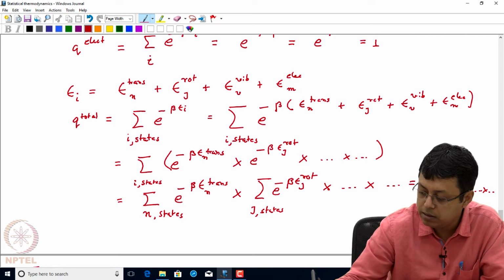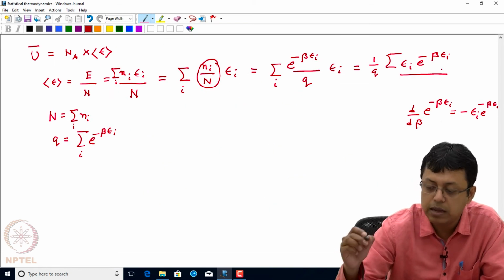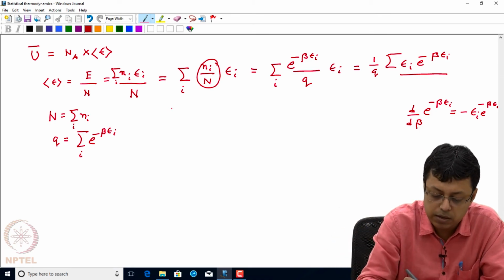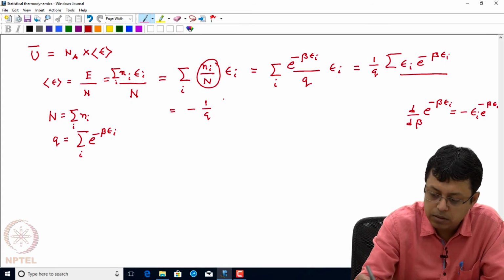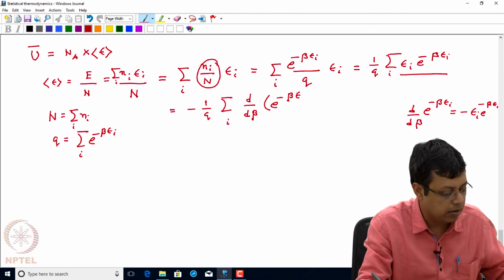So we have here epsilon i e to the power minus beta epsilon i, with a minus sign included. So I can write it as minus 1 over q, sum over the derivative with respect to beta of this quantity, e to the power minus beta epsilon i.